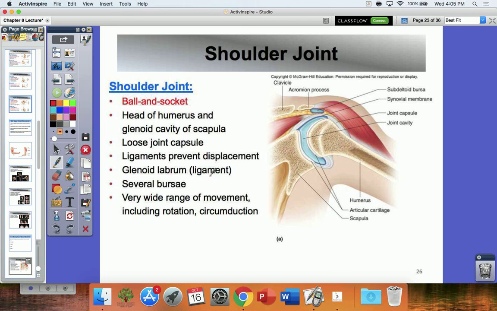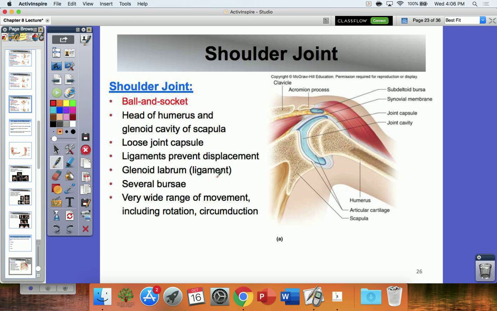That's the ligament holding this together, and remember, the glenoid cavity is named for the cavity of the scapula, so that's what this ligament is named after. If you were asked where the glenoid cavity is located, hopefully you remember that it is on the scapula, so this is probably going to be in the shoulder joint.